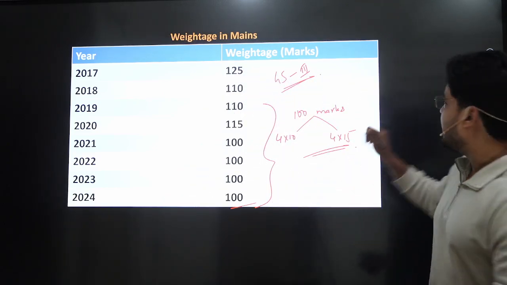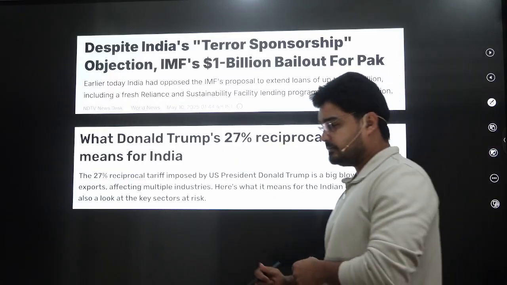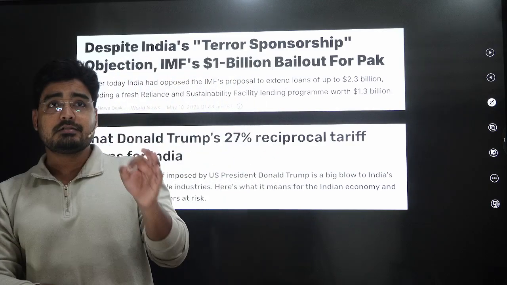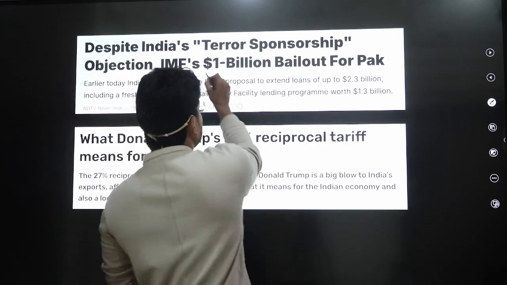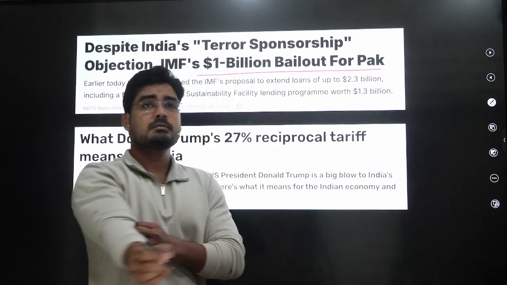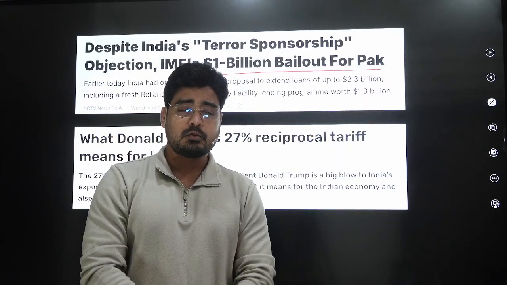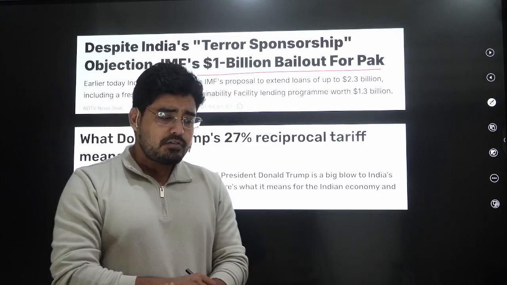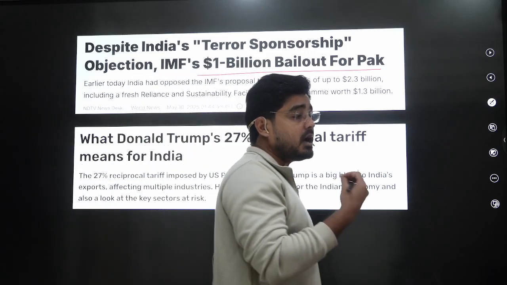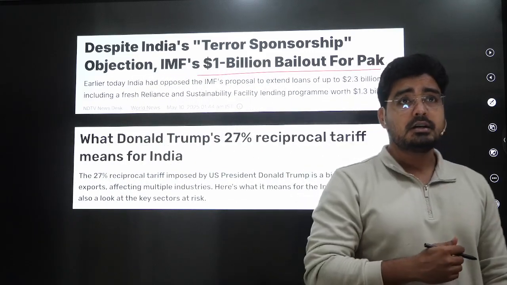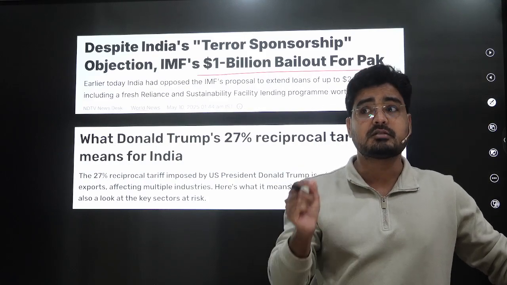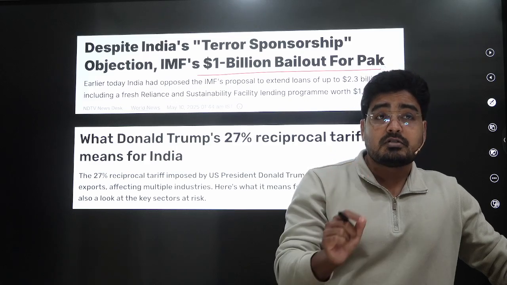I'll give you some examples. Recently, the IMF gave a $1 billion loan to Pakistan. It was given a week back during the Operation Sindoor phase. Most people questioned the IMF, the International Monetary Fund, as to why it is providing credit support to a country which is sponsoring terrorist activities.